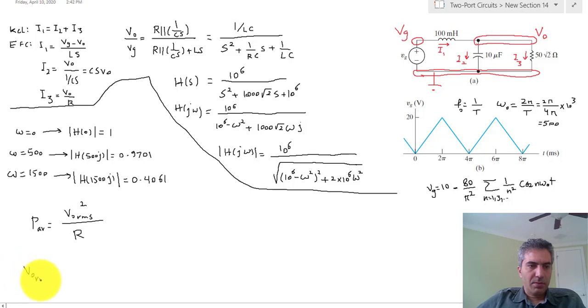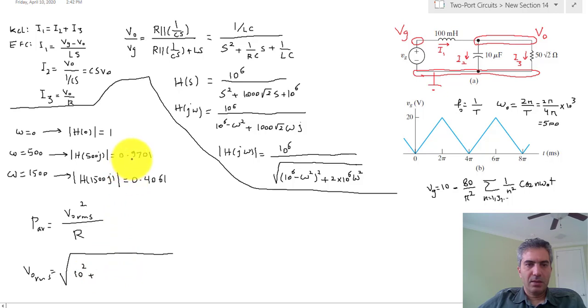V out RMS is basically the square root of the sum of the RMS value of each component of the output to the power of 2. So the first component would be 10 multiplied by 1, which is 10. So that would be 10 to the power of 2.